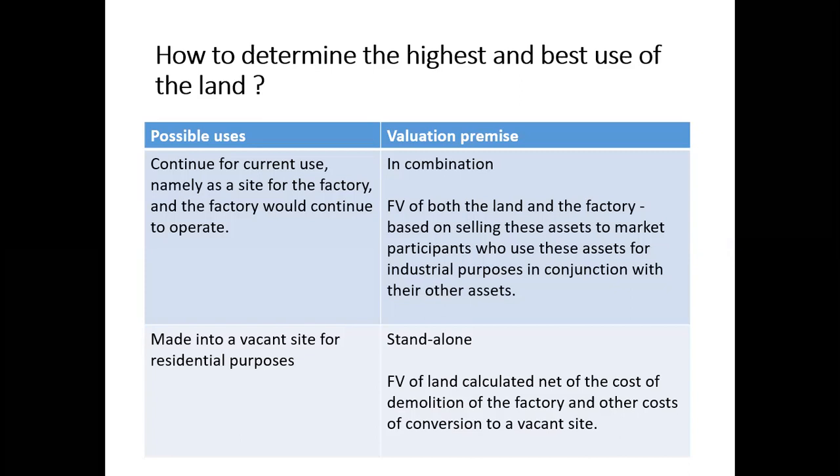Another segment would think that this land can be used for residential purposes, and depending on that, they may bid a price. And another segment may think that we can construct a factory over here and make some use out of that. So it's an industrial use, and depending on that, they may bid a particular price.